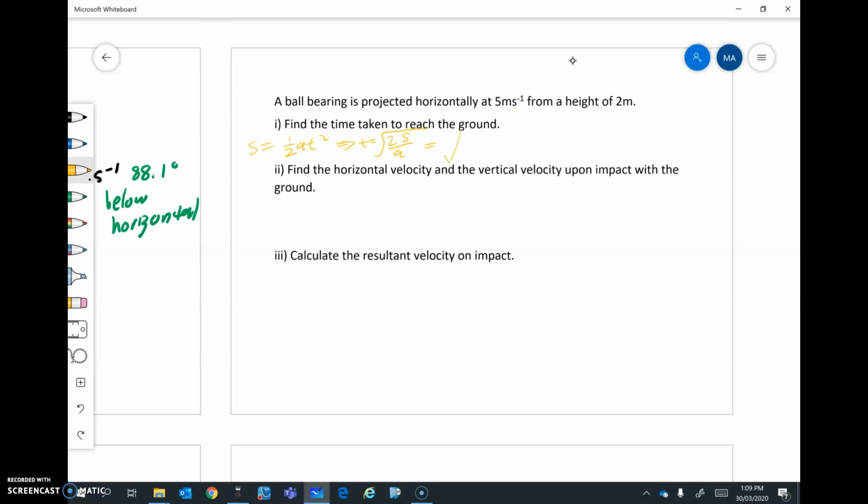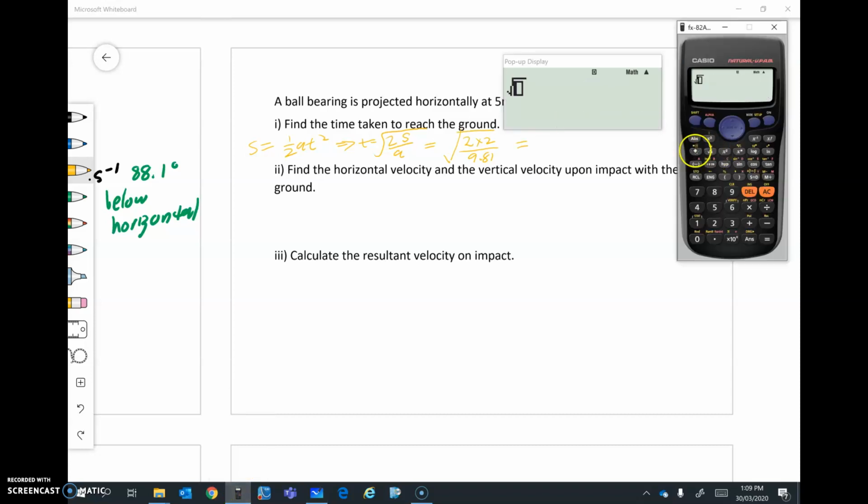So in this case, 2 times 2 over 9.81. So 0.639 seconds.